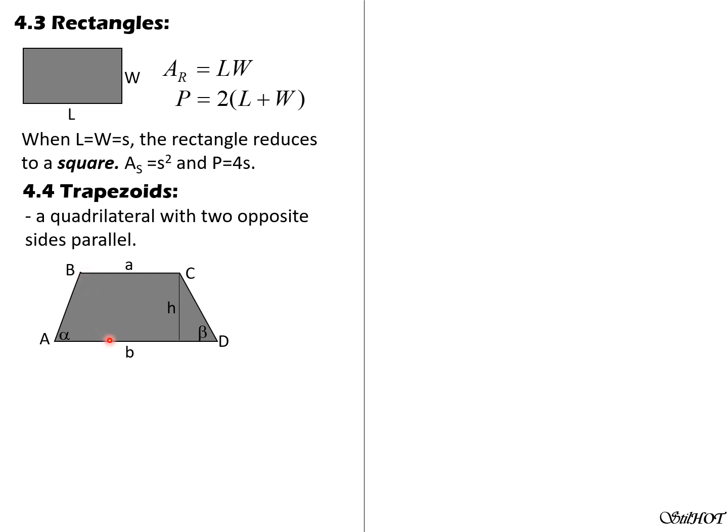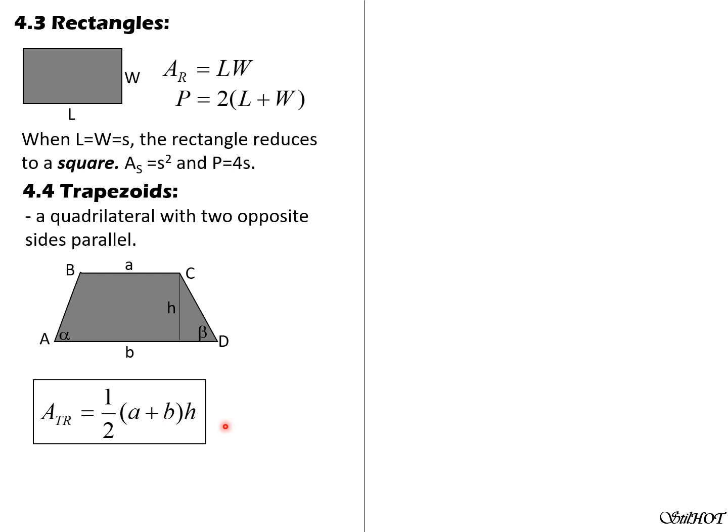One is a parallelogram. The area of the parallelogram is just base times height. We can show that it is like a rectangle with base B and height H. So we divide the trapezoid into these two parts here.